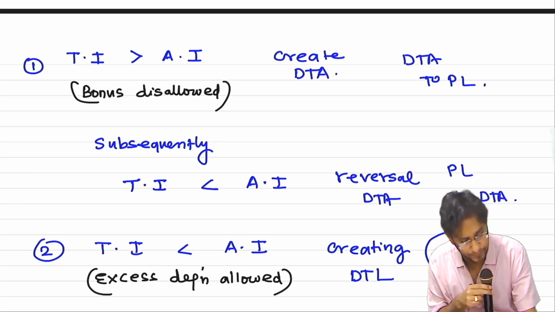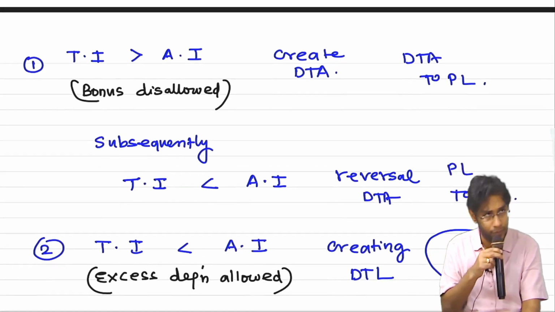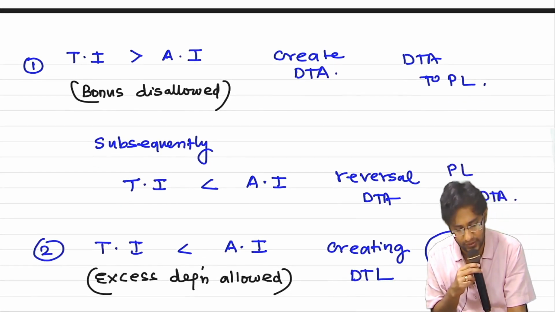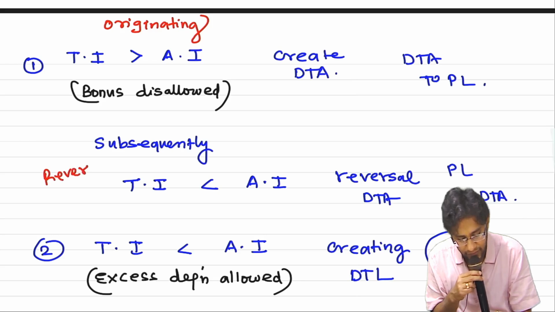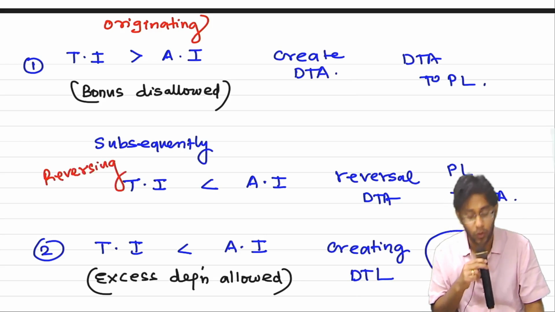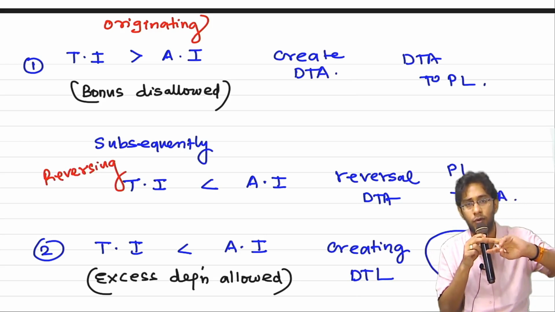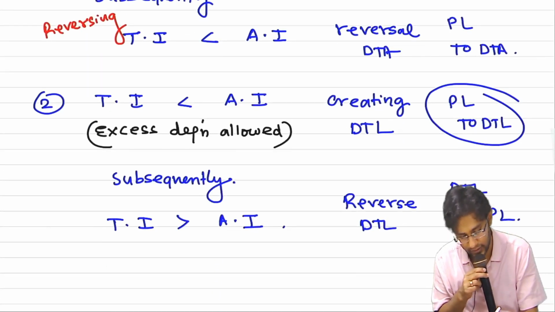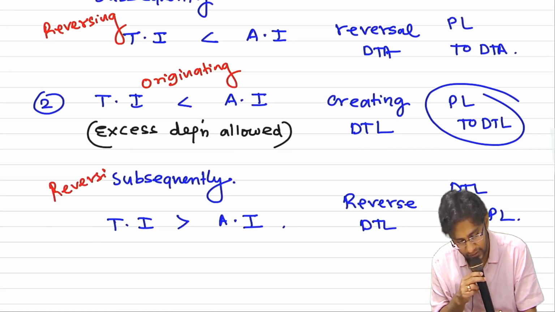So you have to check whether the difference between taxable income and accounting income is an originating difference or a reversing difference. Originating difference flow, it will be only creations. Reversing difference flow, you have to reverse what you have already created. Similarly, here also this is a reversing difference.